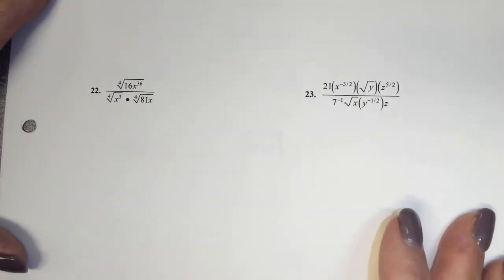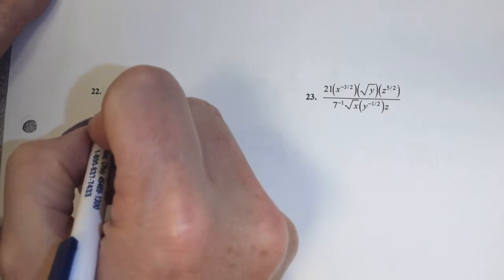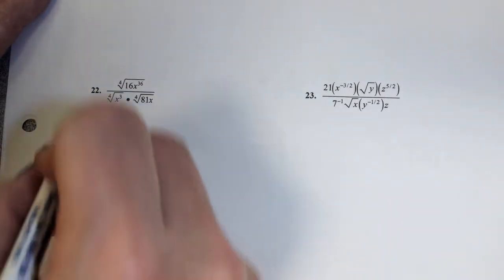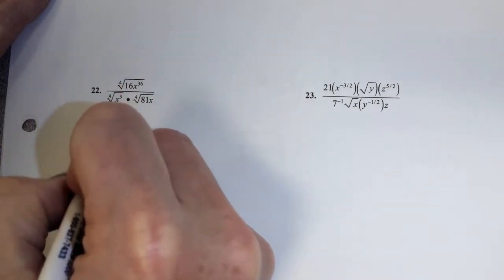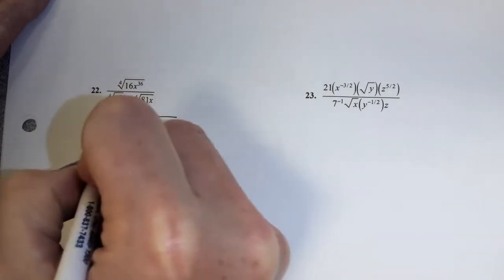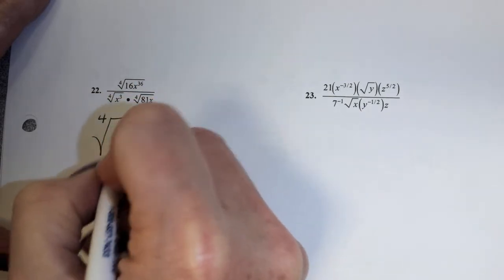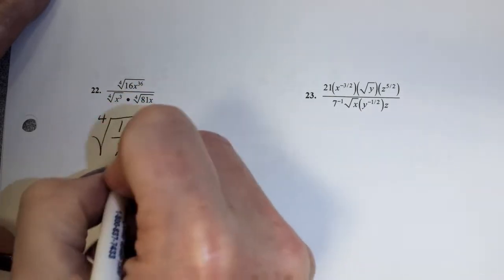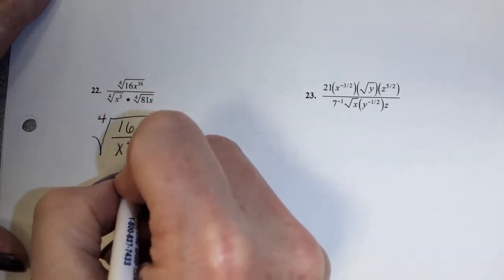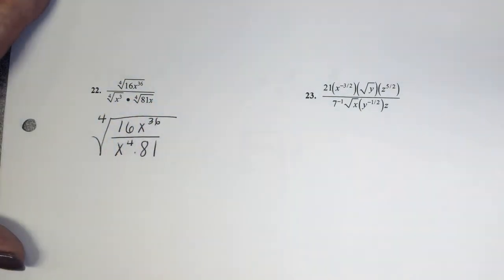All right, let's come down here. We're doing the fourth root. Let's check these out. Let's make this as one whole expression. Let's see, this would be x cubed times x is x to the 4th. And then I also have 81.